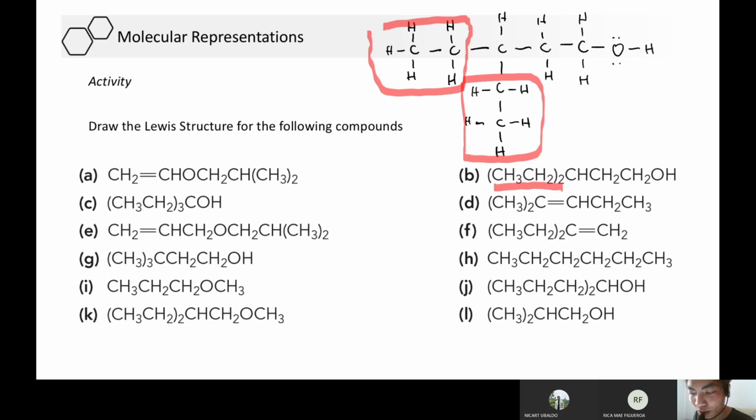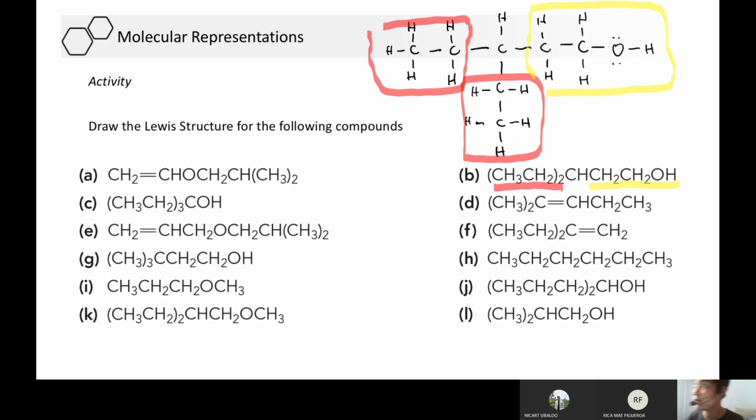Okay, so yan, tapos ko na yung drawing. So sana you arrive with this drawing din na na-highlight ko lang yung mga groups natin. Okay, so ayan yung drawing for letter B, no?